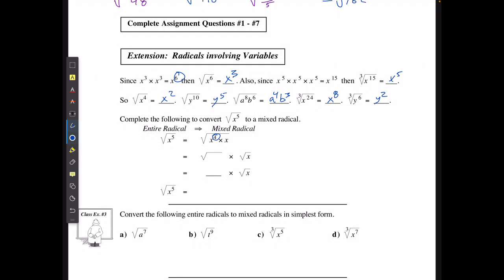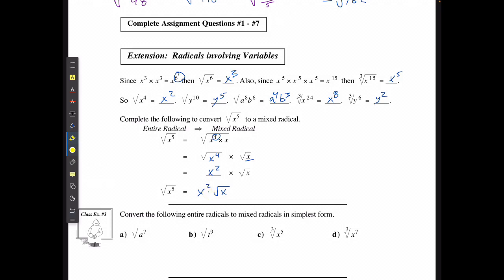So I can take 4 of them and divide those by 2, and then still be left with an x on the inside, which would give me x squared times the square root of x. Now, I typically put this little times in here just to make sure that you can tell the difference between the exponent for the variable and the index for the radical.